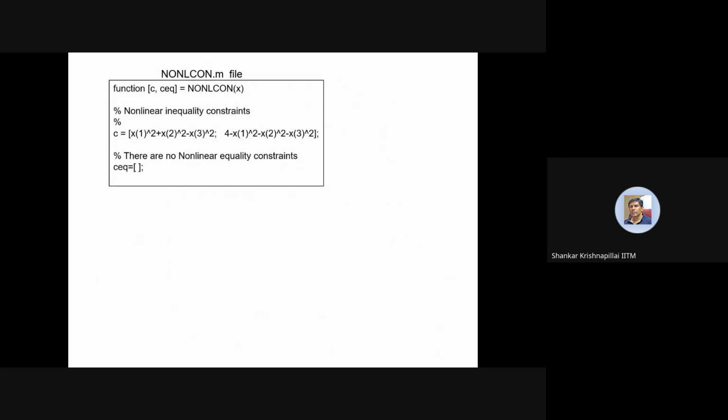How do you write the nonlinear constraint file? You open a file called nonlinear_con.m and type in the definition of the first nonlinear inequality constraint and the second nonlinear inequality constraint. So that is C. Then there is no nonlinear equality constraint, so C equality is set to none.